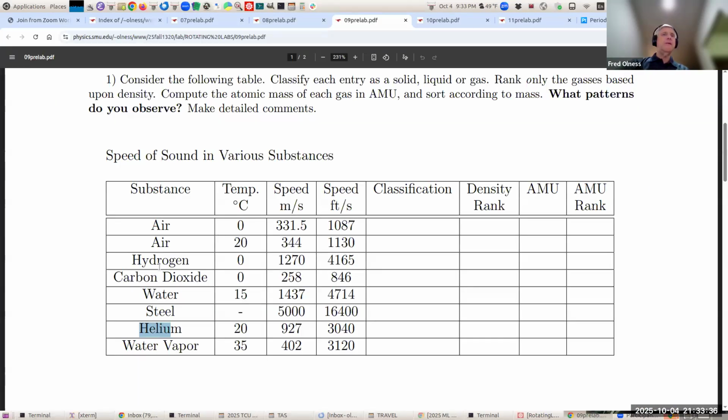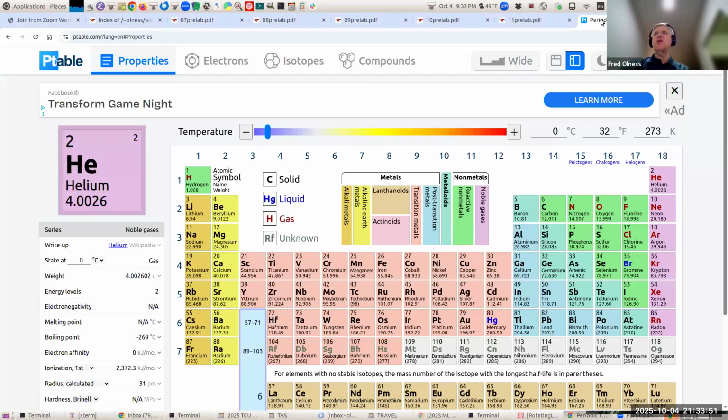The next one, let's do air. Air is a mix of nitrogen and oxygen, but it's mainly nitrogen, about 85 or 86% nitrogen, a little bit of oxygen. So we're going to just call it nitrogen. Nitrogen is 7 on the periodic table. It's 7 protons, 7 neutrons. Neutrons and protons weigh about the same, so it weighs about 14 units.